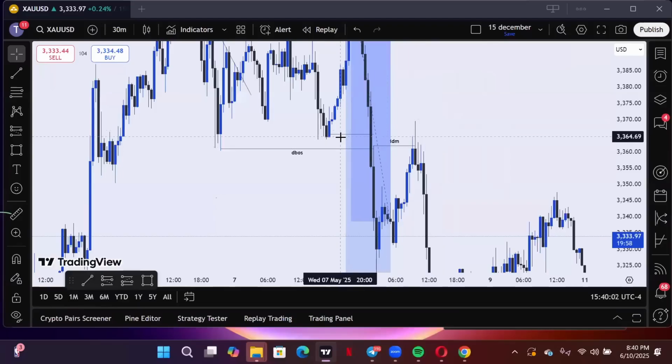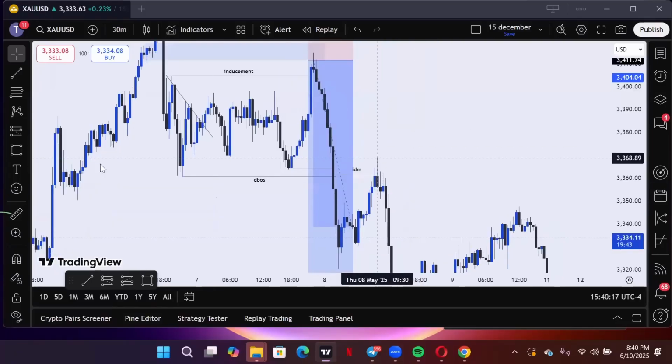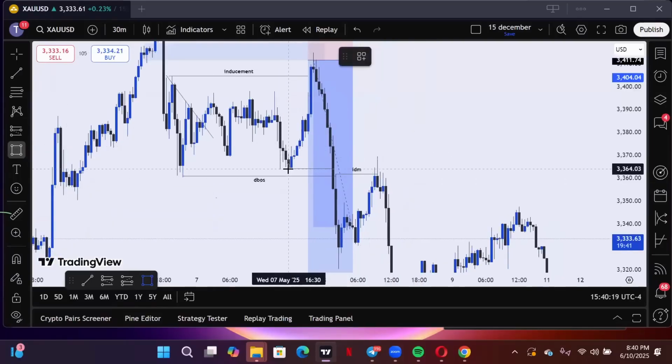So the first rule is there must be a market structure shift or a double breakout structure. So we got the first. The second rule is there must be an inducement slash liquidity. So we got the second. The third rule says the point of interest I'm looking to pick needs to be unmitigated. Now pay attention, we have multiple POIs here. As this stopped here, we have this breaker, and then another block up here.